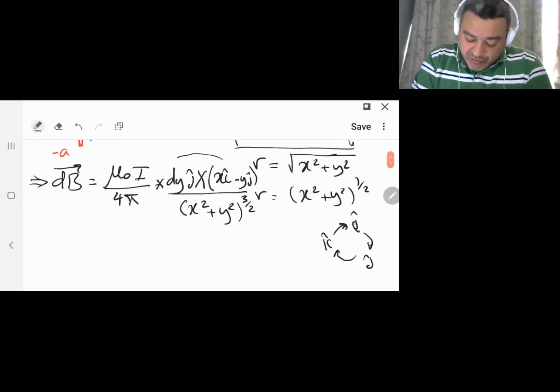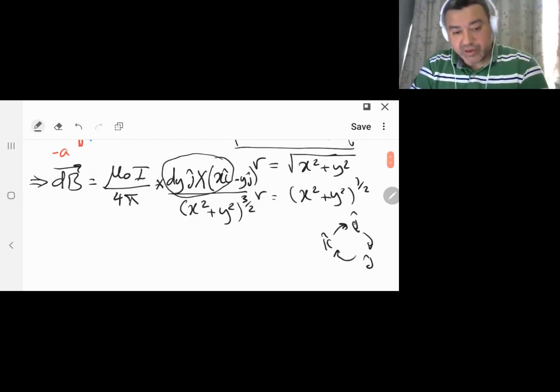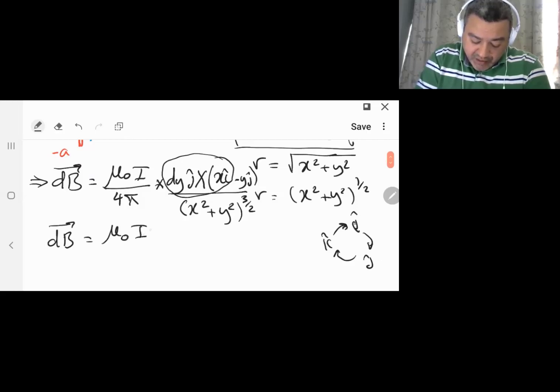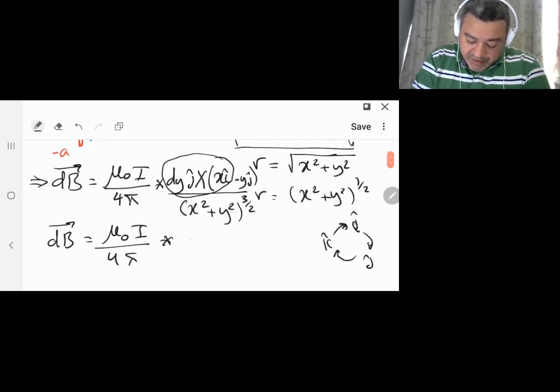However, this j crossed with this j is going to give me 0. So dB is mu naught I over 4 pi times minus dy k hat over x squared plus y squared to the 3 over 2, right?